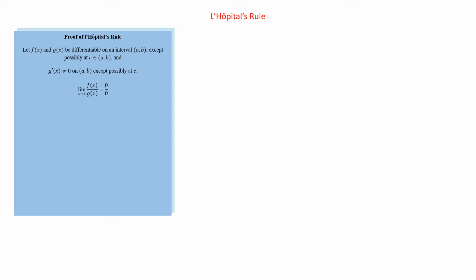What that means is that we can add or subtract f of c and g of c, because if the limit as x goes to c of f of x over g of x is 0 over 0, it means that f of c equals 0 and g of c equals 0.